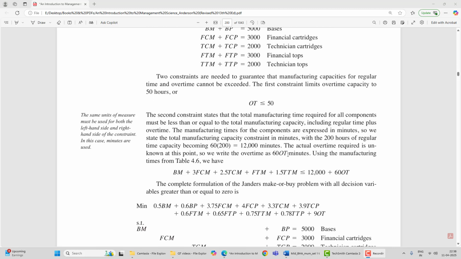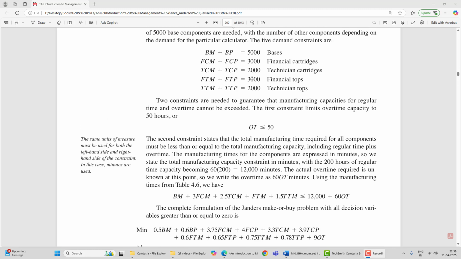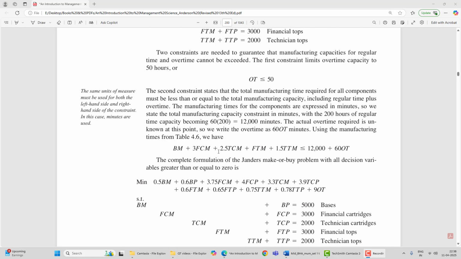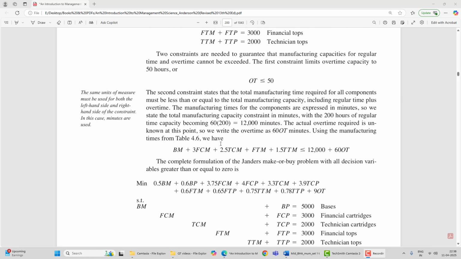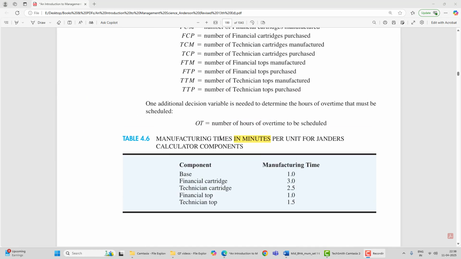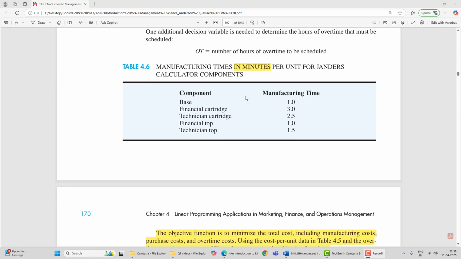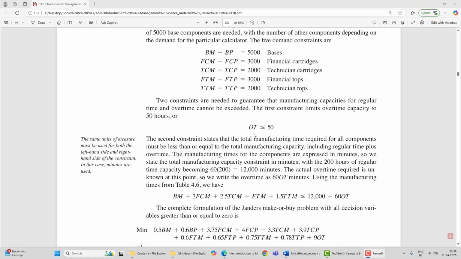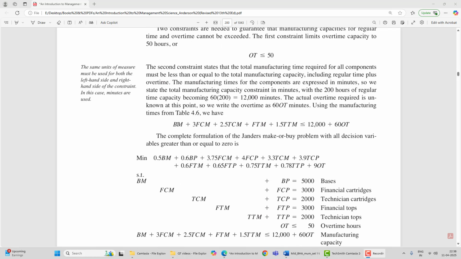So these are the requirement equations, but then we have to put in the manufacturing time. So this one is per unit. This is the equation where all this will add up to the manufacturing time required, and on the right side it should not exceed 12,000 minutes. Why 12,000?